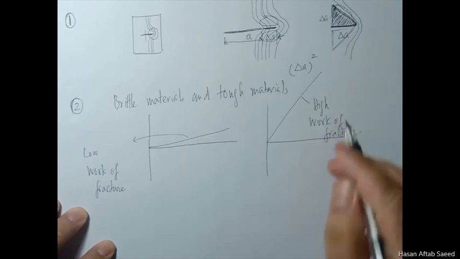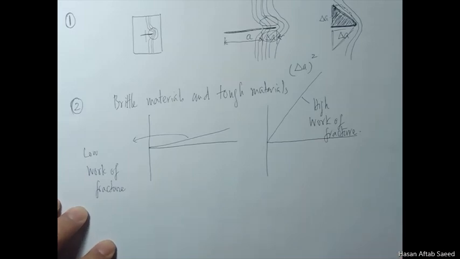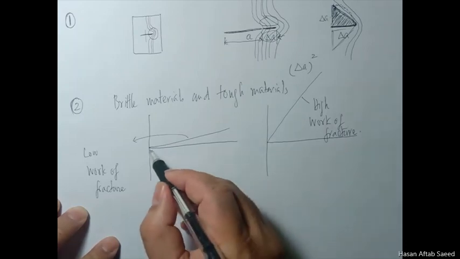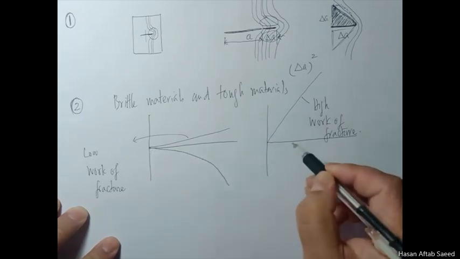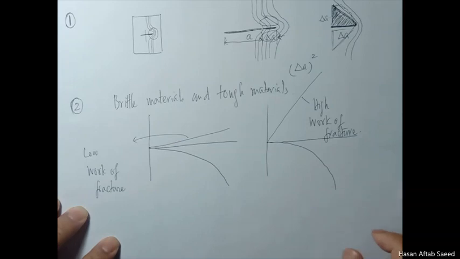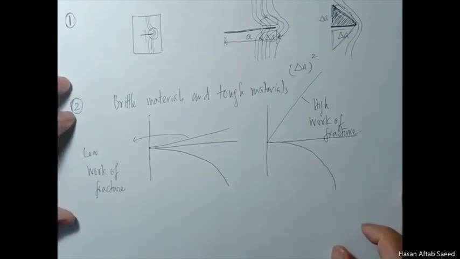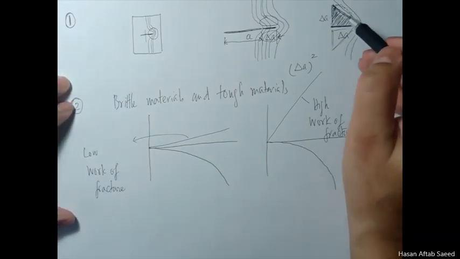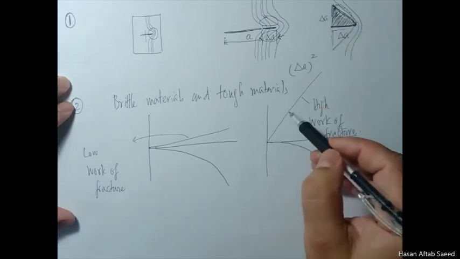Now work of fracture is what makes a material tough. So I'll come back to work of fracture, but for now the energy released is a quadratic function, the quadratic function here. Similarly, this one we just talked about.